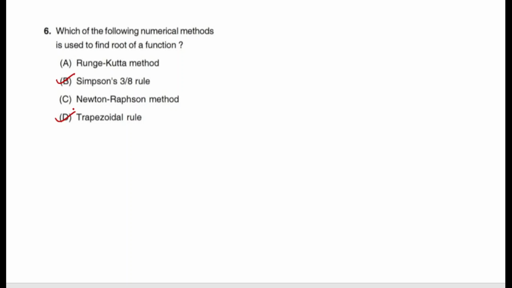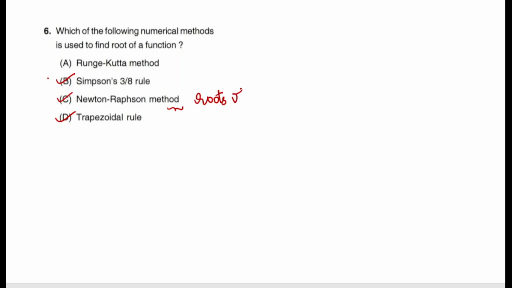Simpson's and trapezoidal, these are the methods which are used to find the integral value, the numerical integration value. They have asked 2 to 3 questions. And this Newton-Raphson method, they have asked the formula on this method. This is used to find the roots of the equation.